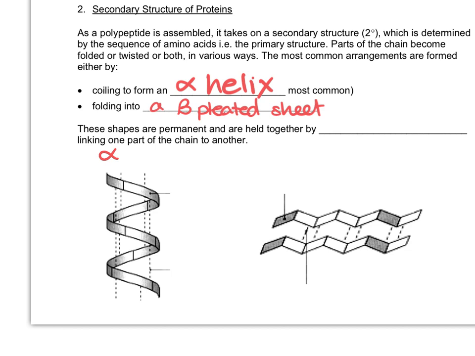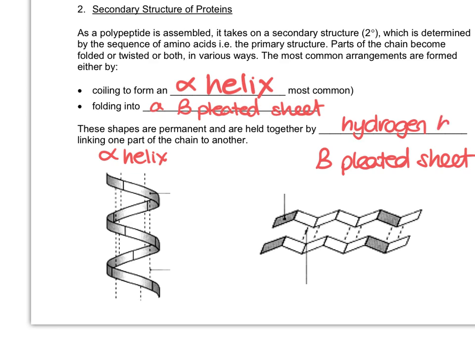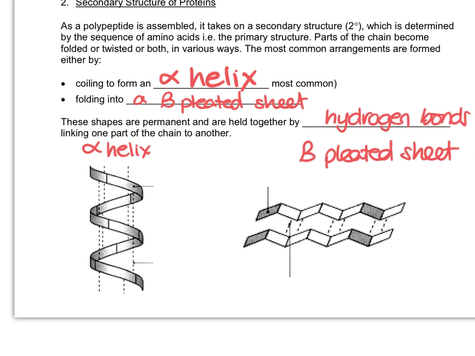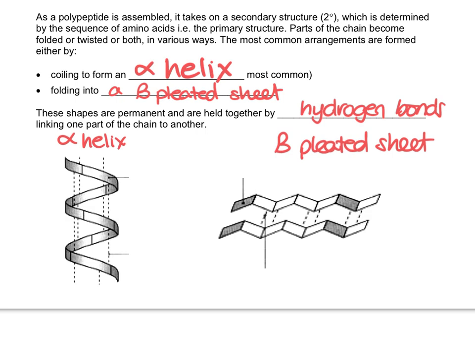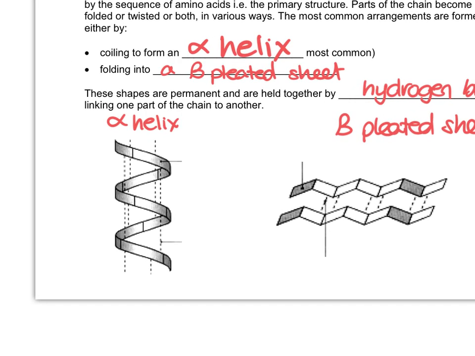So this is the alpha helix structure, and this is the beta pleated sheet. We've said they're held together by hydrogen bonds. Okay, so you've got hydrogen bonds linking them.